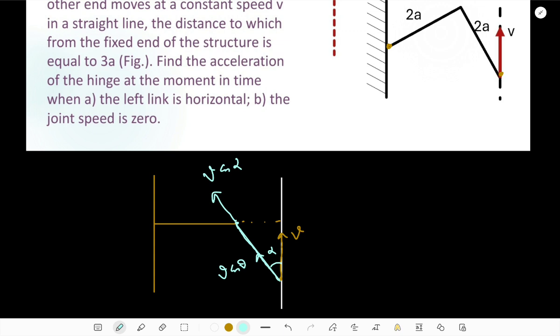But the hinge velocity should be perpendicular to this. That means the velocity of this hinge is v. That's right. I got something to move on.